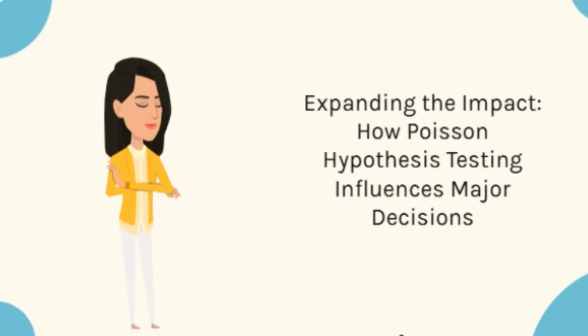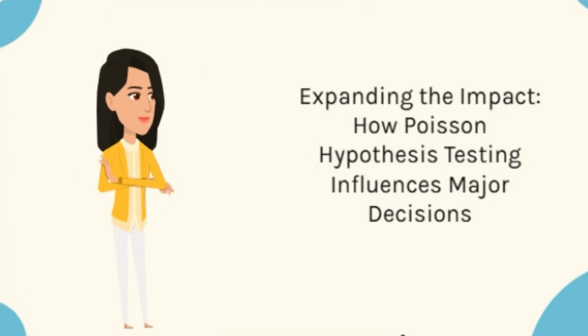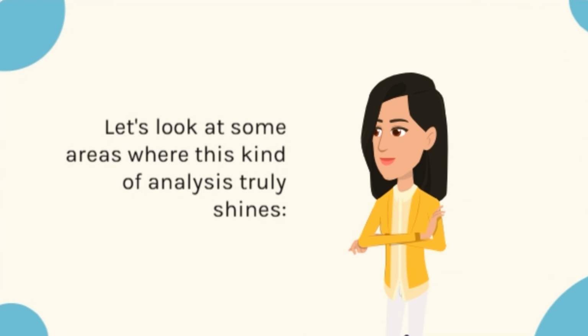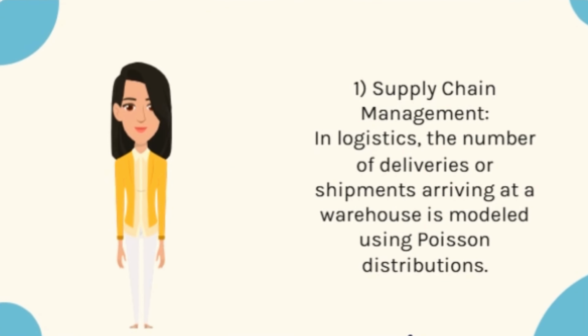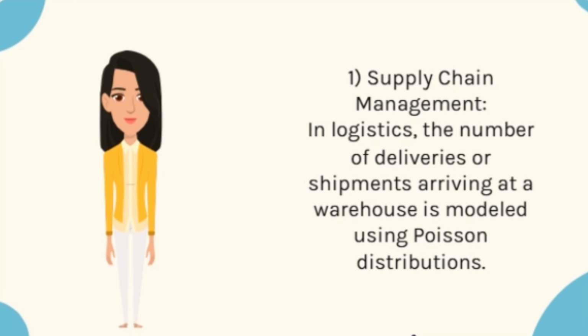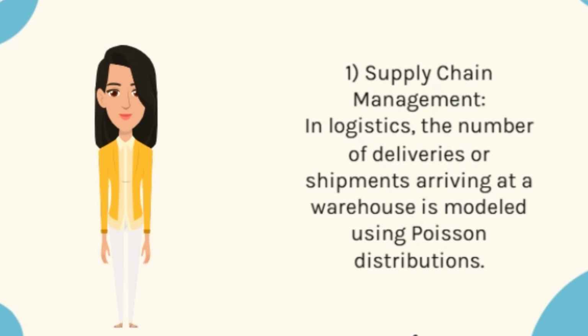Expanding the impact: how Poisson hypothesis testing influences major decisions. Let's look at some areas where this kind of analysis truly shines. Supply chain management. In logistics, the number of deliveries or shipments arriving at a warehouse is modeled using Poisson distributions.